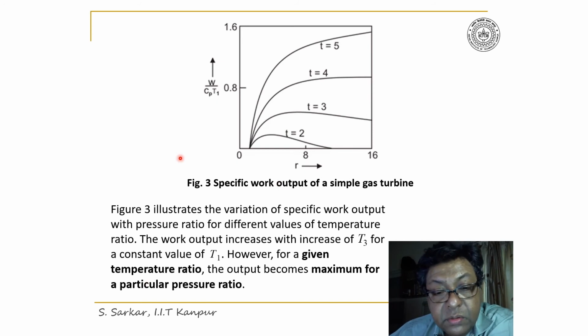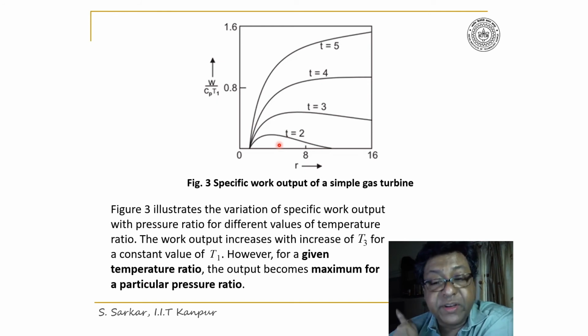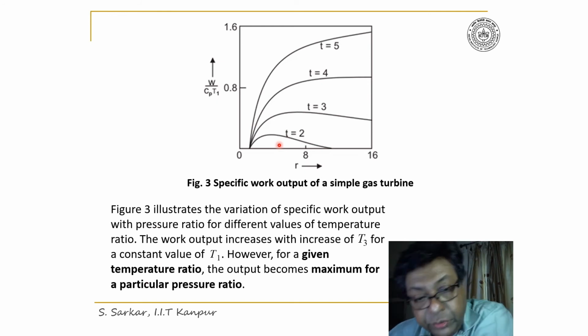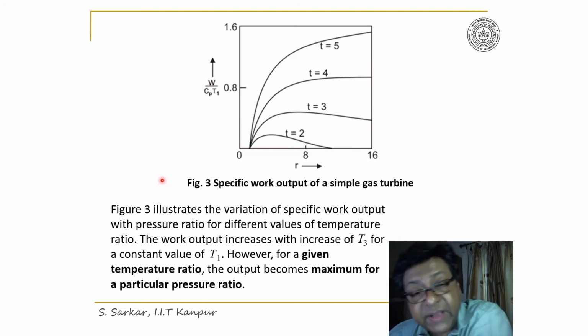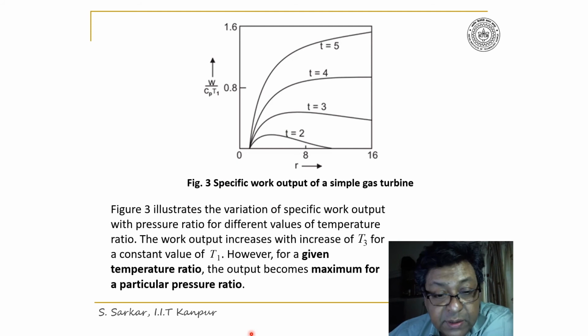Furthermore, for a certain value of T3 by T1, that means for a certain temperature ratio, the specific work output would be maximum for a particular pressure ratio.